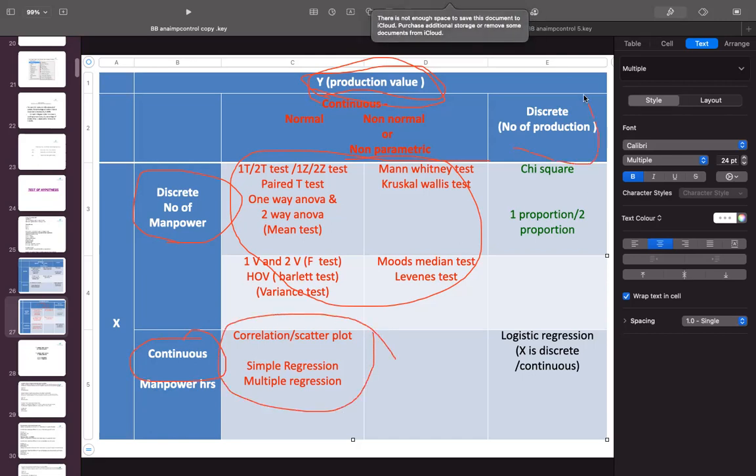If Y is discrete and X is also discrete, you do chi-square, one proportion and two proportion tests. If Y is discrete and X is continuous or discrete, that is logistic regression, right?